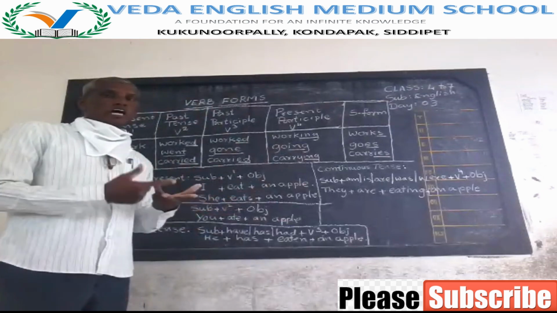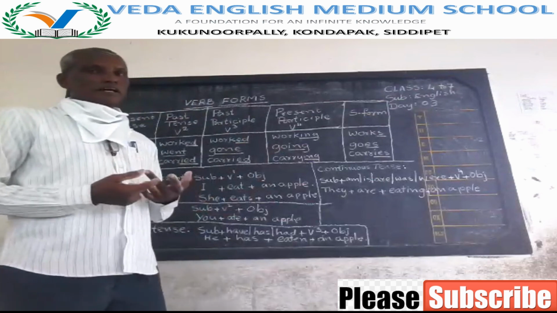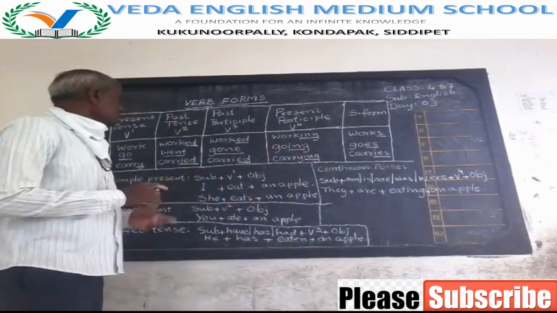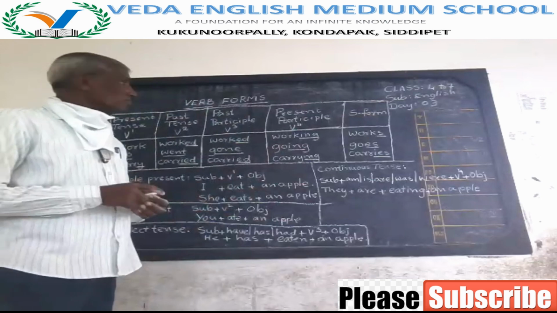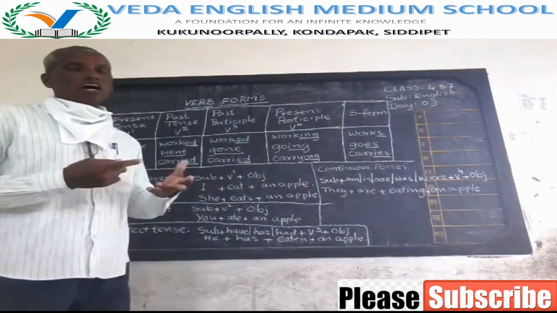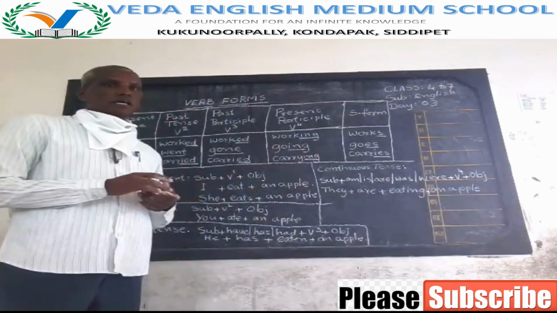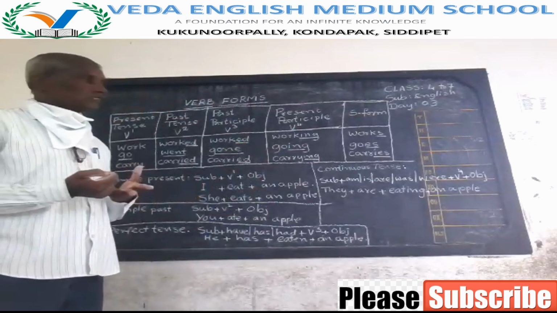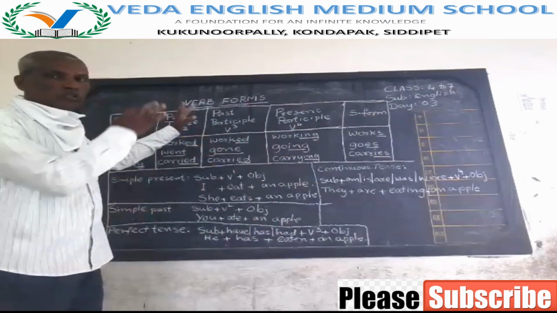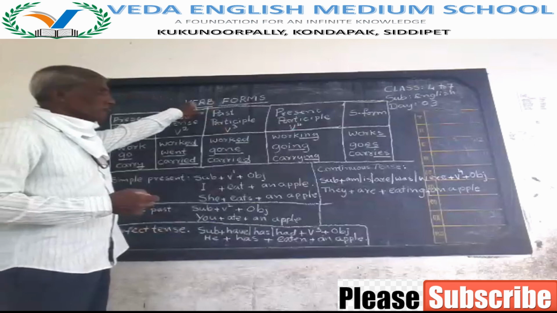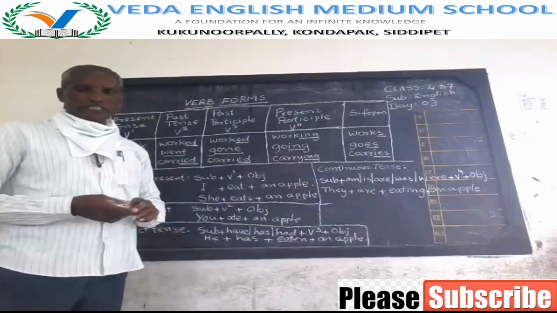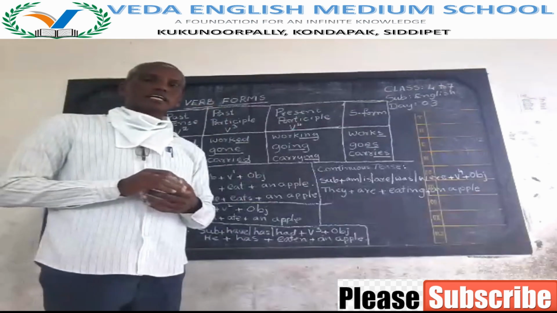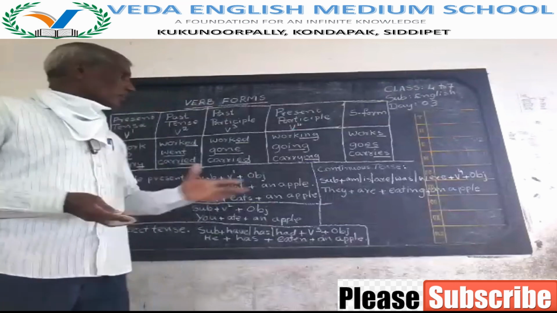So you know pronoun, person and number. Then later we have learned about have forms, do forms and also be forms. Because only if you know all these forms, along with verb forms, it is easy to make sentences in all the tenses. So learn all this well.